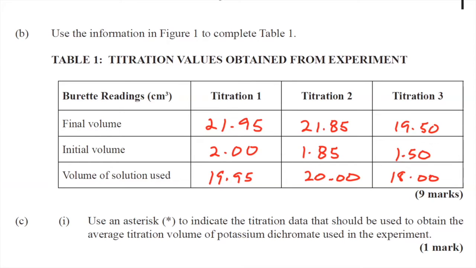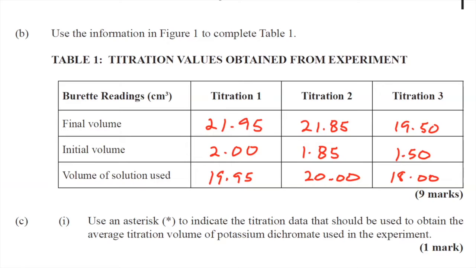So even though the first titration is normally the rough titration, as we saw on the previous page, that titration 1 was the rough one, there's nothing that says we cannot use the values from titration 1. At the end of the day, it depends on the internal agreement among the values.